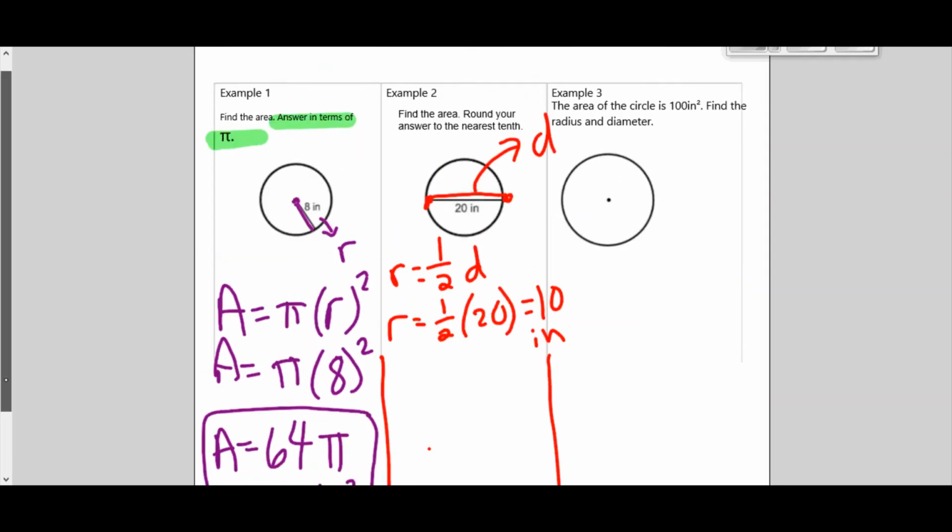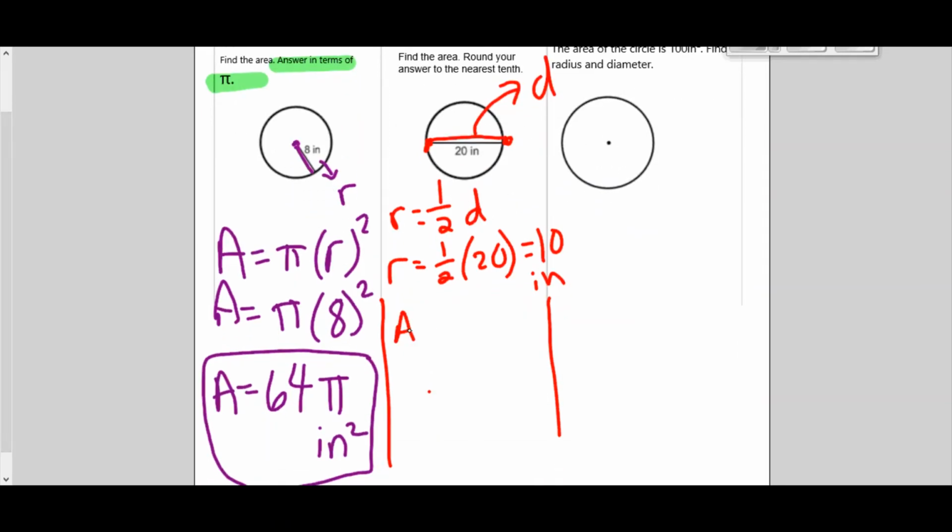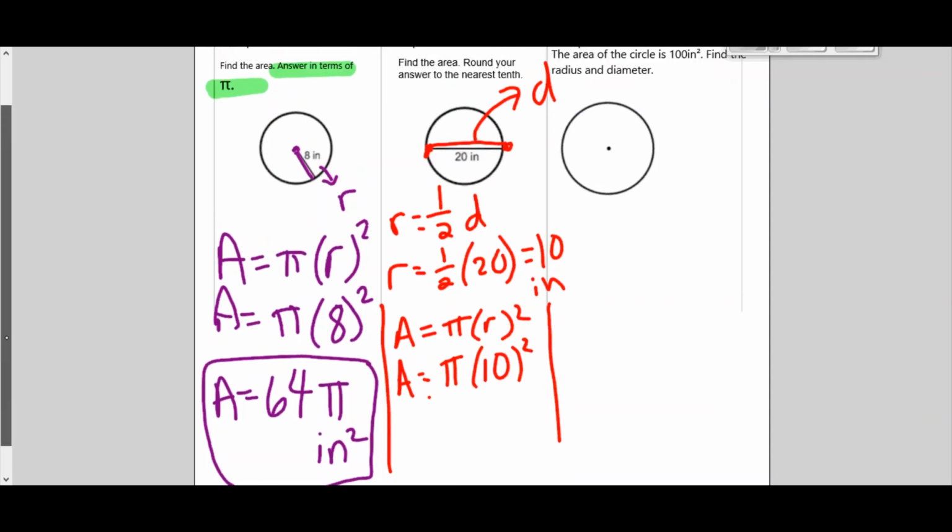So now it's area equals pi times r squared. Again, area equals pi. We know what r is. It's 10 squared. Now here's where you can plug it into your calculator because they want your answers to the nearest tenth.